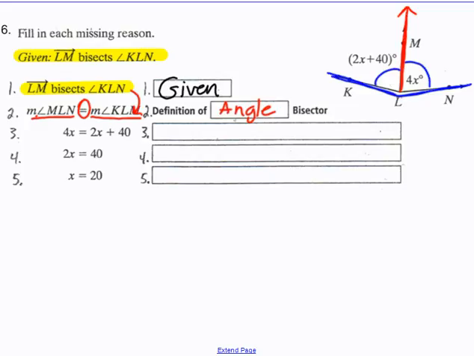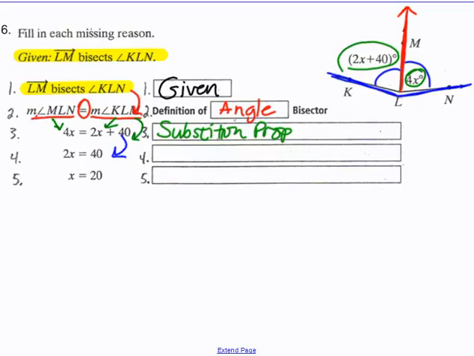So now what's happened between steps 2 and 3? Well, they took 4x from there and put it in place of this. They took 2x plus 40 and put it in place of this. So that looks like it's going to be the substitution property. Okay. So now, one more step here.